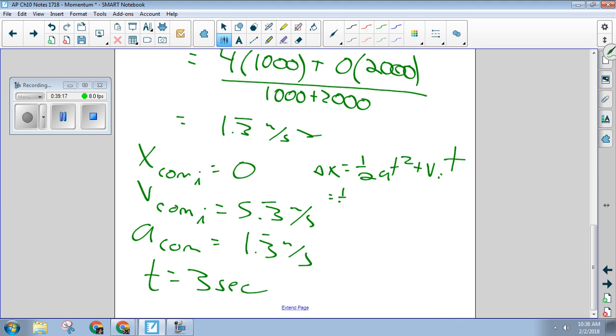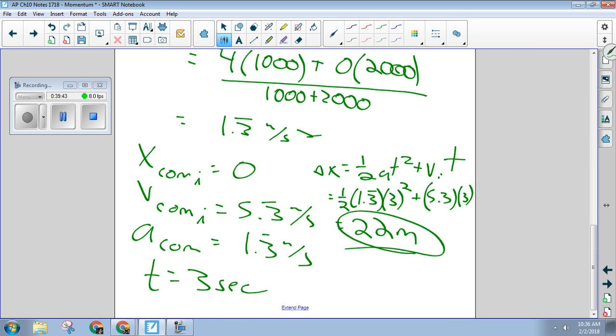You get half of 1.3 times 3, don't forget to square it, plus the initial velocity of 5.3 times 3. So 4 times 3 is 12, divided by 2 is 6, so 22. Is that right? Yeah, it's 22. Close.